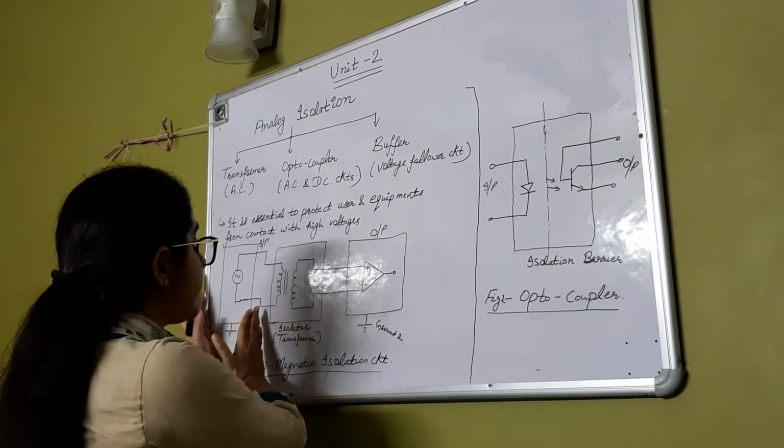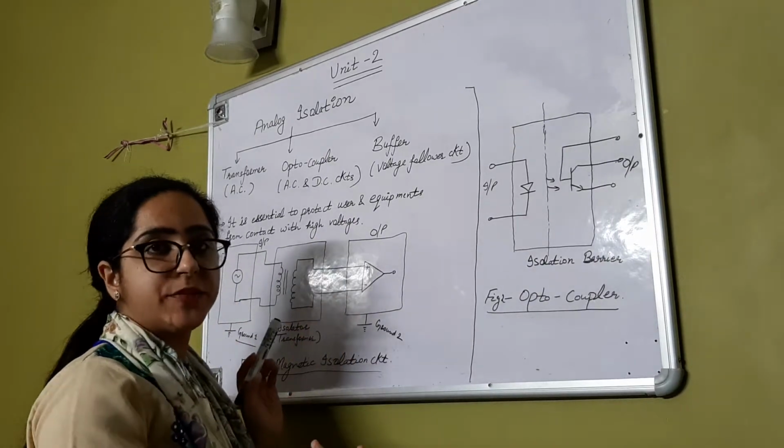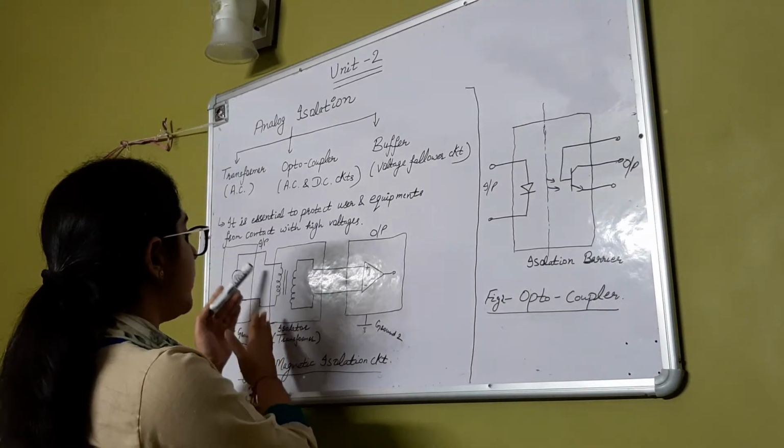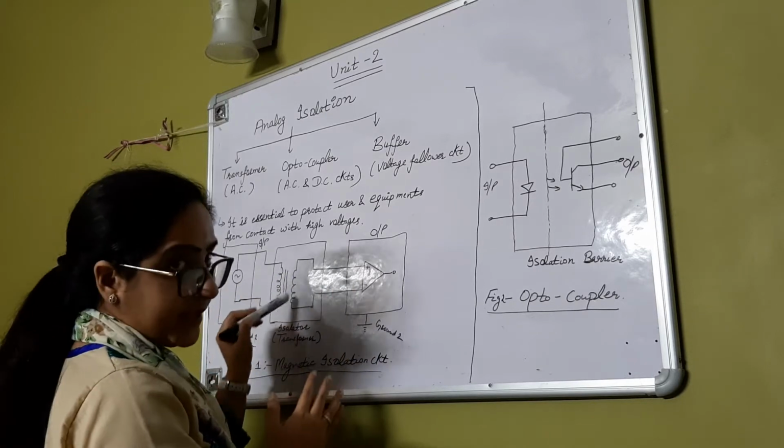The input side is isolated, and the transformer used for the isolation purpose is just transforming the voltage at the primary side to the secondary side through magnetic coupling.